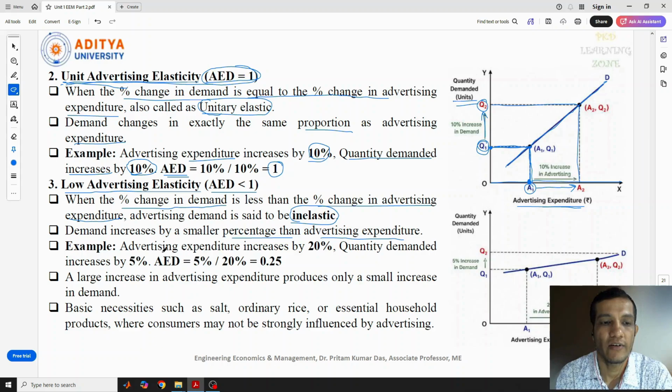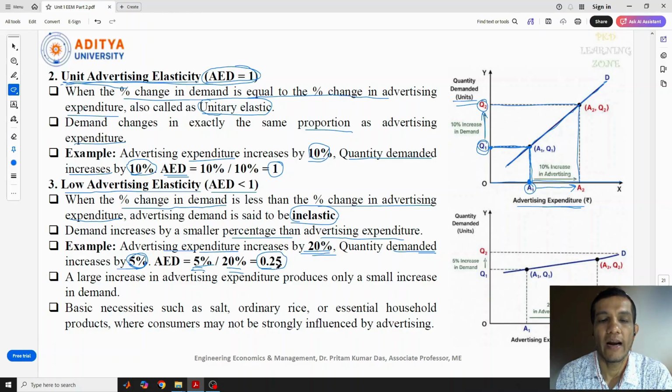In this case, also try to understand by taking one example. The advertising expenditure increased by 20%, but the quantity demanded increased only 5%. So you can see the numerator is very, very less than the denominator. That means the numerator, quantity demanded, is very less compared to the expenditure, that means advertising expenditure. So that value we will get here is 0.25.